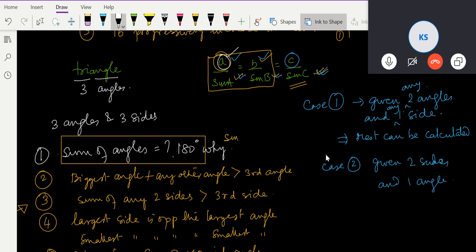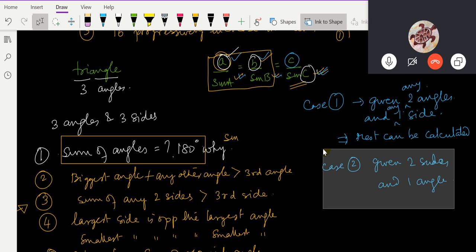Okay, I give you the side A and side B and angle C. Combination, side A, side B and angle C. Can you find out the rest? The answer is no. Not by this route. You can, but not by this route. We'll need a different technique, a different rule for that. We'll come to that, but not by this route.